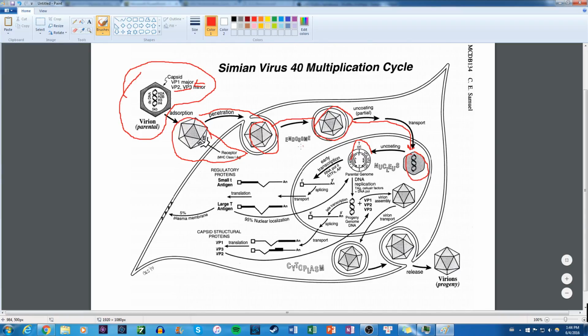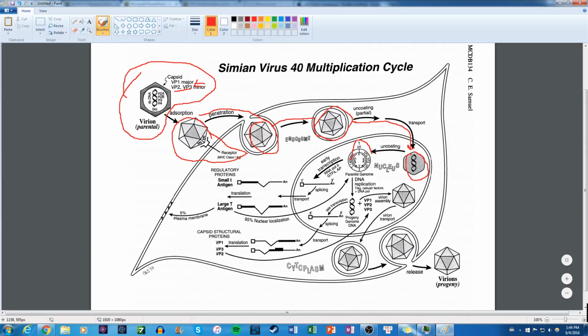Okay, sorry about that. Anyways, you have a circular genome, and the circular genome has an early transcription area and a late transcription area, and it does it through bidirectional regulated transcription.